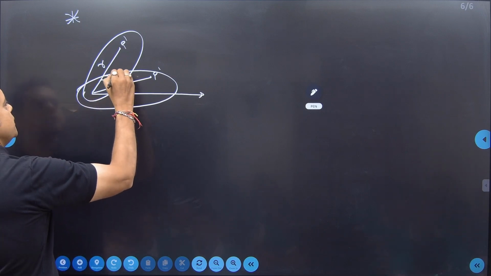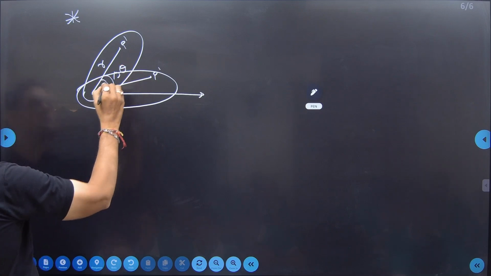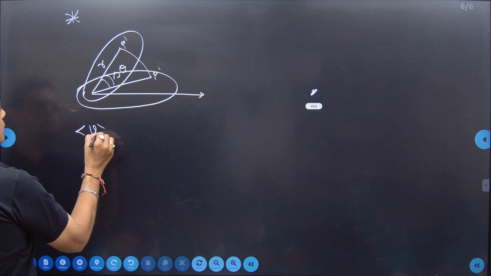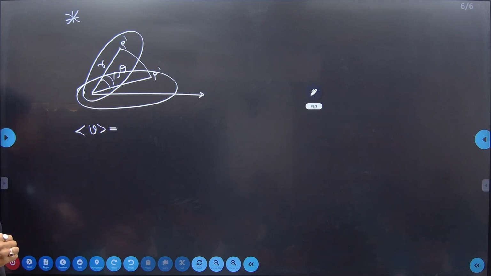Angular displacement is delta theta. This distance is r. What is the average linear speed of this particle for time interval delta t?